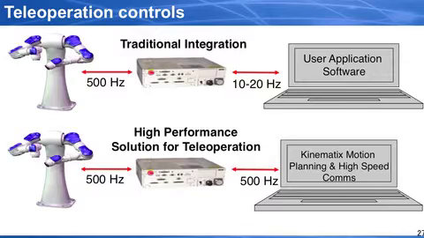You have a connection between the robot controller and the PC, and in this case, between the PC and the robot. But for teleoperation, a traditional construction isn't good enough. You need a high bandwidth control, and that's what we're showing here, this 500 hertz link that allows the robot controller to talk to sensors at a very high rate of speed.